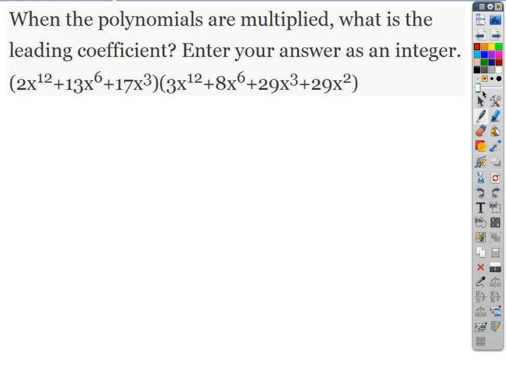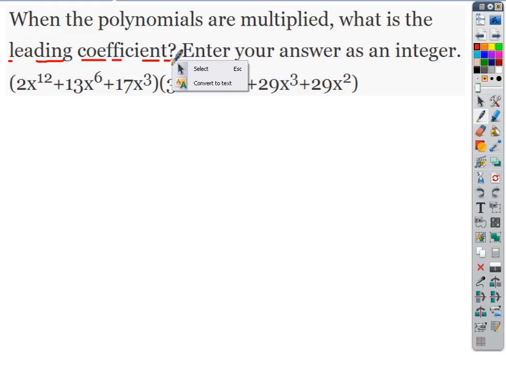Yeah, the leading coefficient is just the coefficient of the biggest power of x. Now, if I were to distribute all this stuff through, what is going to be the biggest power of x? 12. 24. Okay, x to the 12 times x to the 12.